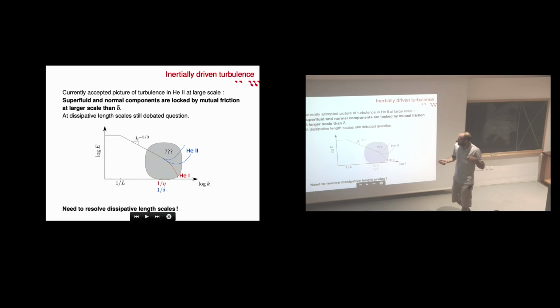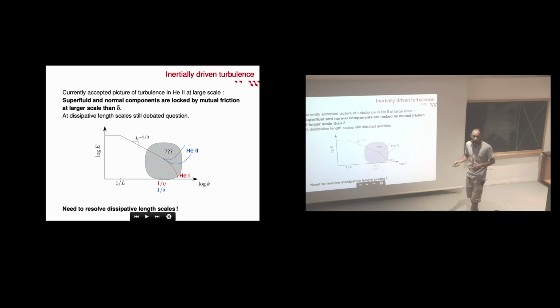Now, if you put Eulerian sensors, such as pitot-tube, which Maurer and Tabling did, and later Salor and others, you can look at the power spectral density of the velocity as a function of the frequency or the wave vector here, and look at how the cascade happens.